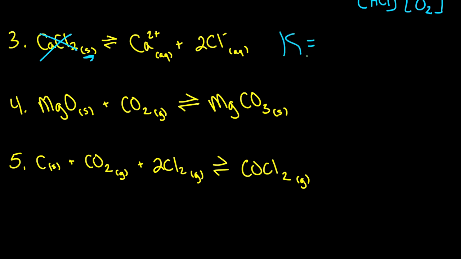So K is still products over reactants, but since we don't have a reactant that we're going to use in the expression, K equals products. So K equals the concentration of calcium ions, no coefficient, so it's just a 1, times the concentration of chloride ions. It has a 2, so it's to the second. And again, there's nothing on bottom since calcium chloride is a solid.